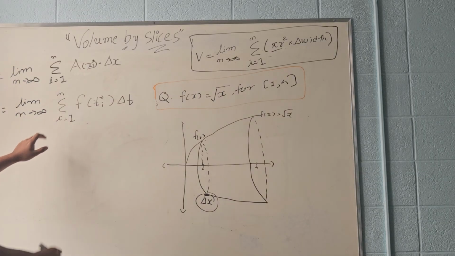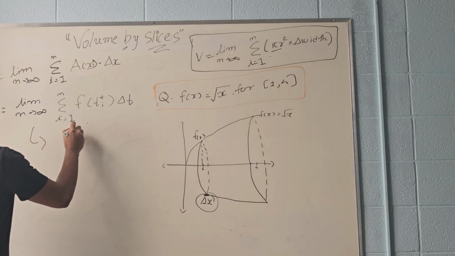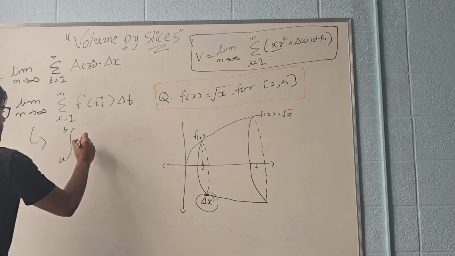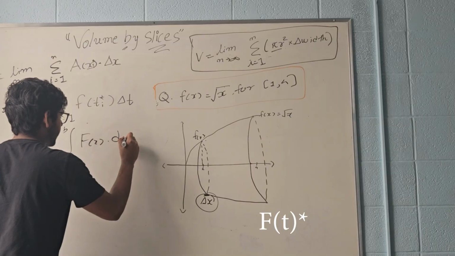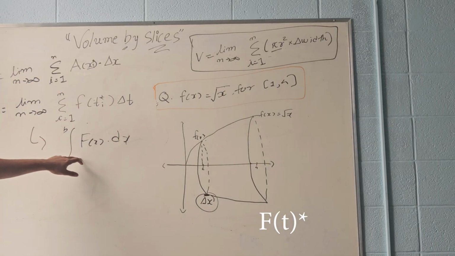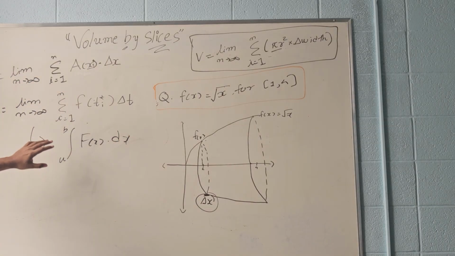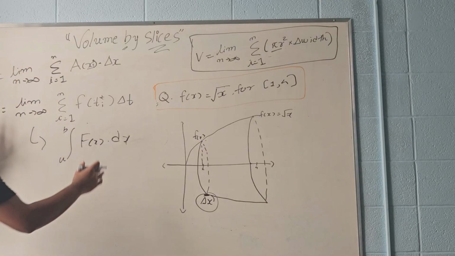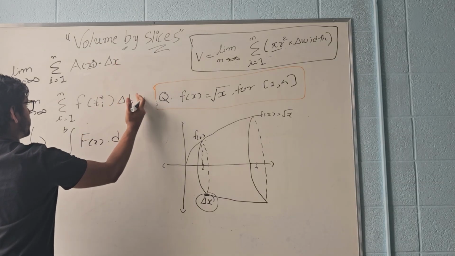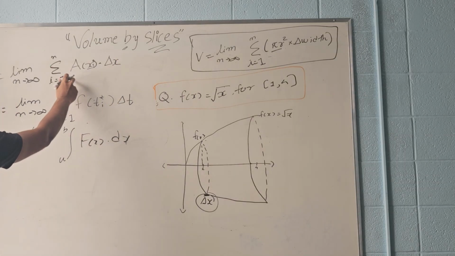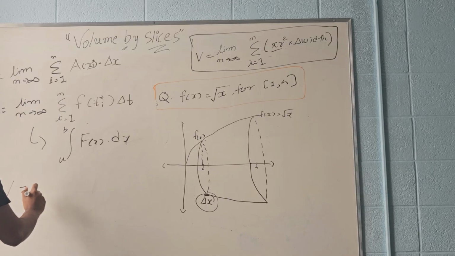We derived this and we got the integral from a to b of f of x dx. We got this from this, right? Similarly, we can write this in this form as well, because ultimately this is also a Riemann sum type. This is identical to the Riemann sum, so we can write this as an integration as well.